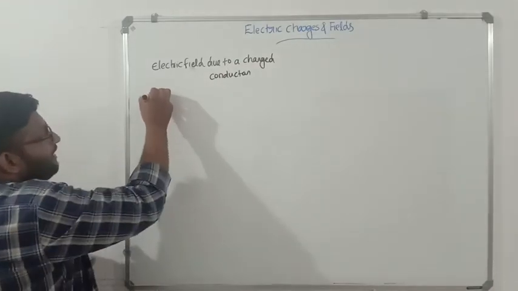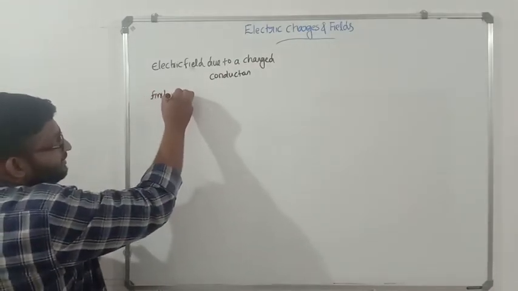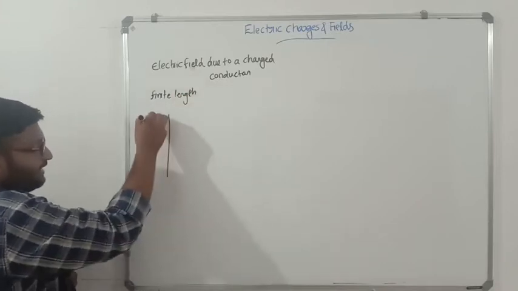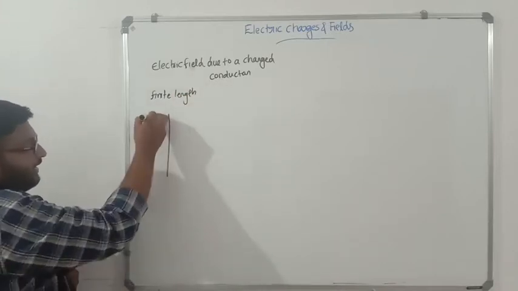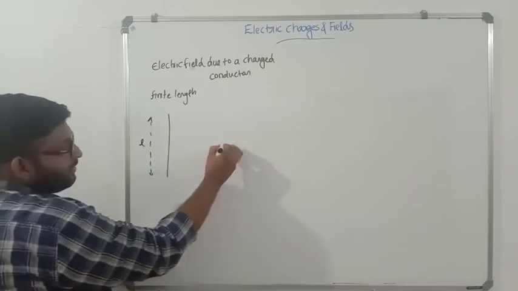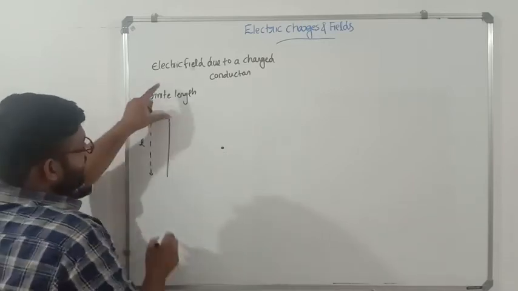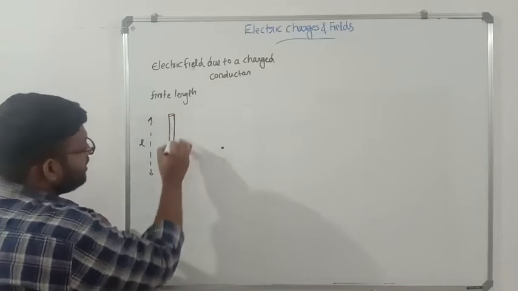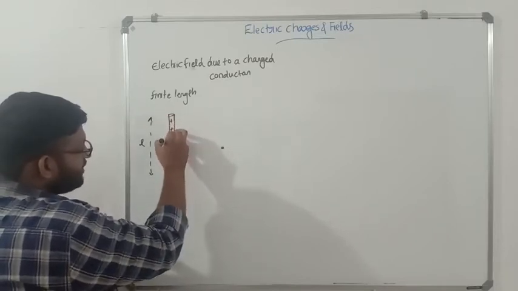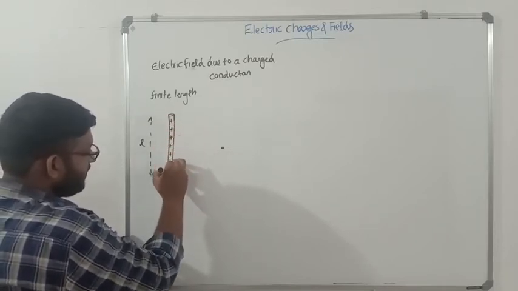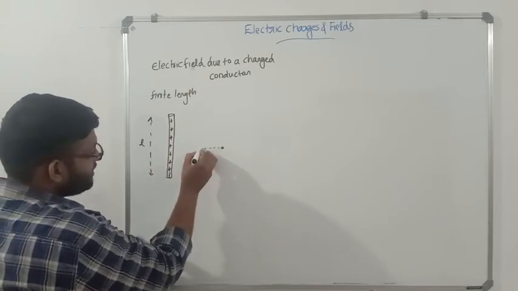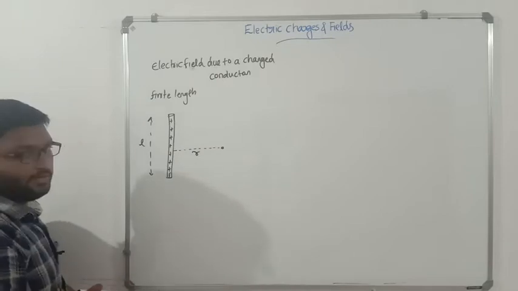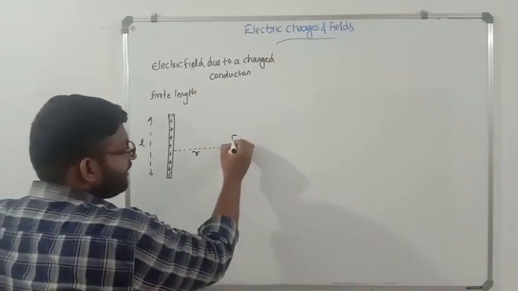Suppose you are having a finite length conductor, a conductor whose length is already defined and is given by L. Suppose there is a point over here and this conductor is having a certain charge stored in it. So what we can do is draw a straight line to the conductor, that gives you a distance r, and you need to find the electric field at this point.